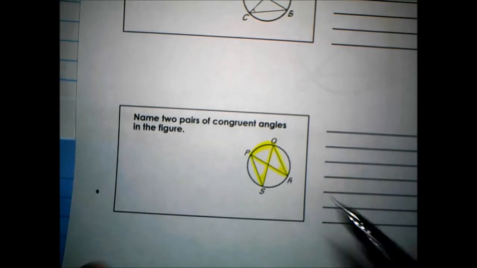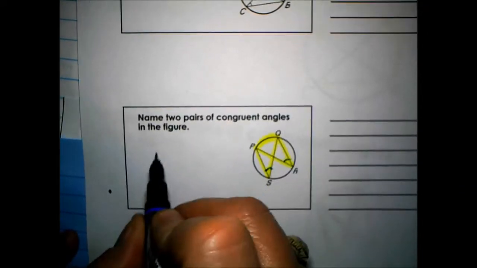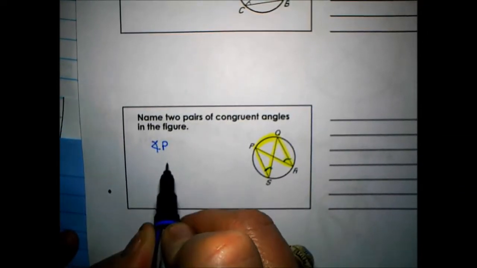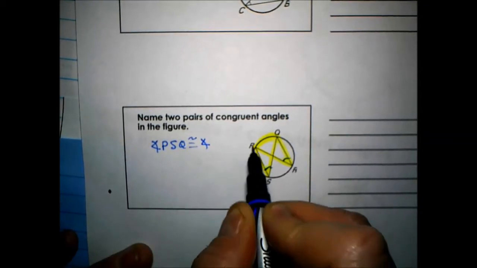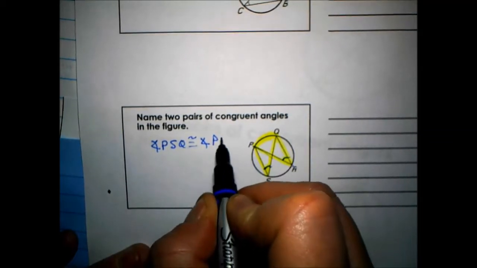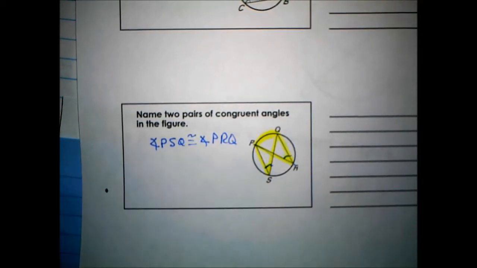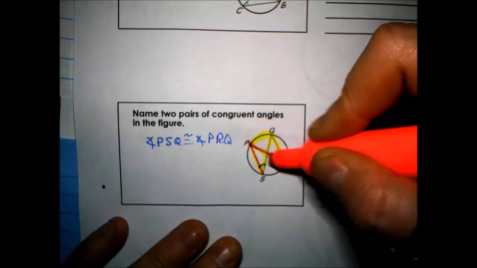So if I was to answer this, angle PSQ will be congruent to angle PRQ for one set.